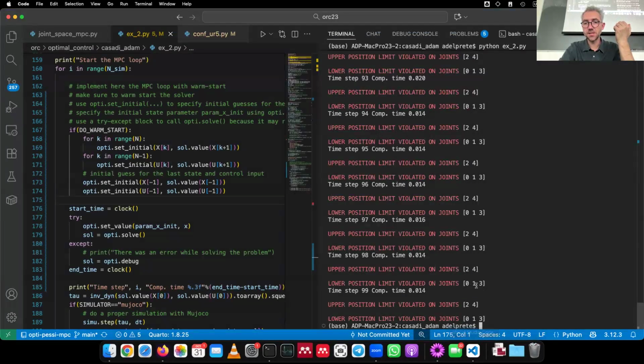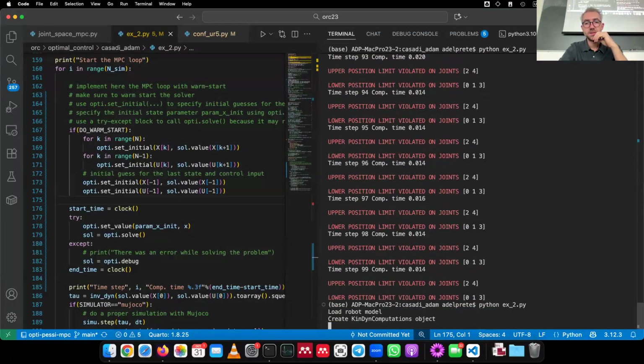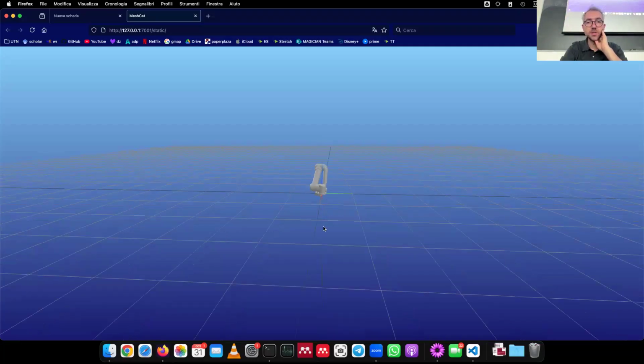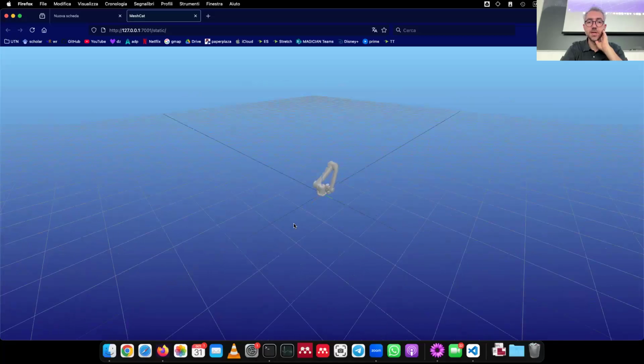Let's try it again. Okay, so it doesn't work. The robot is supposed to reach this configuration with the arm in the upward direction and stop there, and instead it goes nuts.